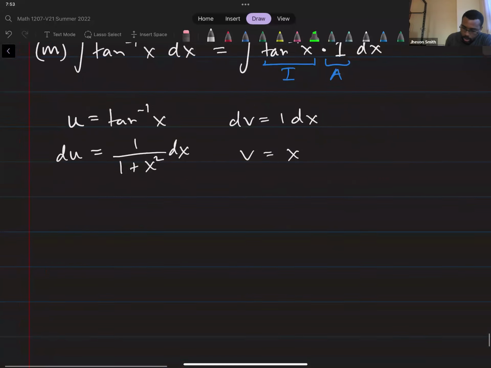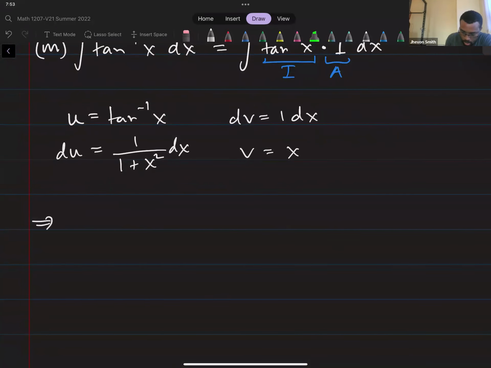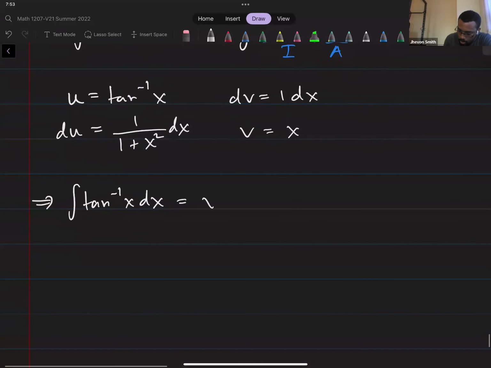All right, so now it's u times v minus the integral of v du.